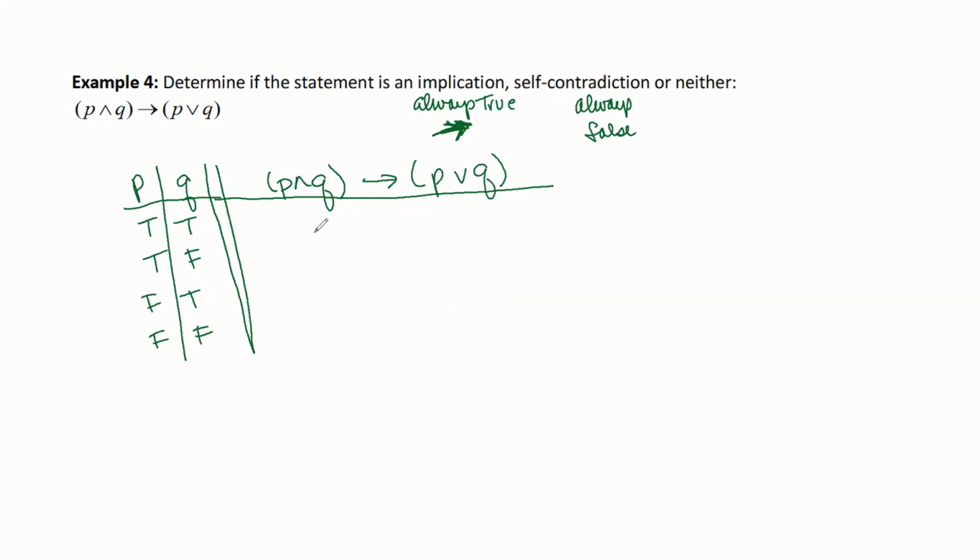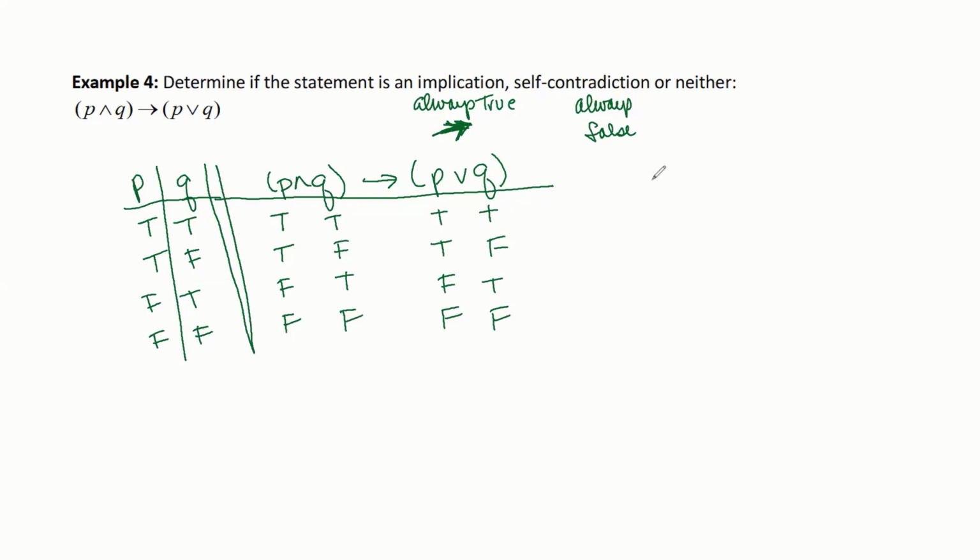You might be able to skip this step and just look over here at these because there's no negations involved, so it's pretty simple, but I'm going to do it. So true, true, false, false, true, false, true, false, true, true, false, false, true, false, true, false.